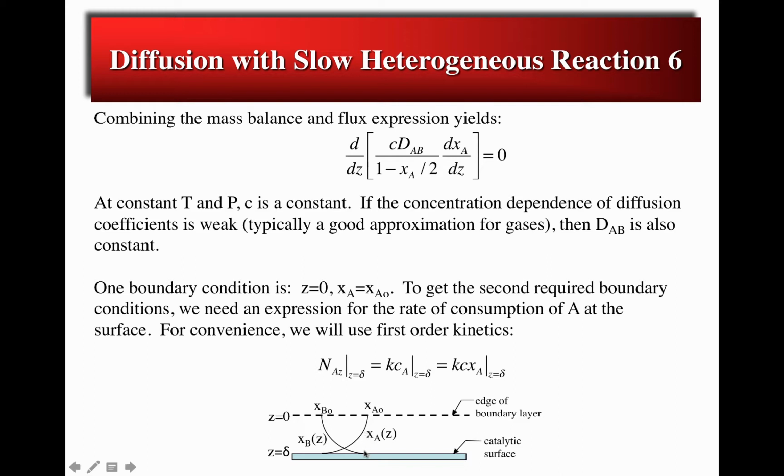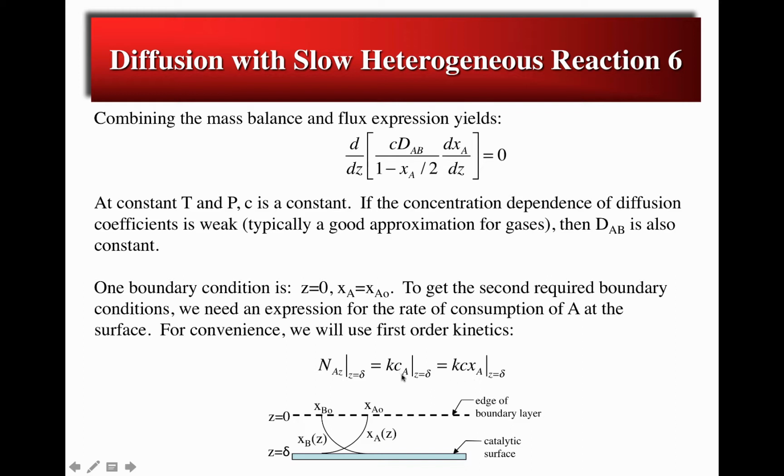We know A is coming through the boundary layer to get to the surface to undergo chemical reaction. And for convenience, we're just going to use a simple first order model, that the flux of A at the catalytic surface is equal to a rate constant times the concentration of A in the gas phase at the catalyst surface, what I'm calling Z equals delta. We can write that gas phase concentration as the total molar concentration times the mole fraction of A.